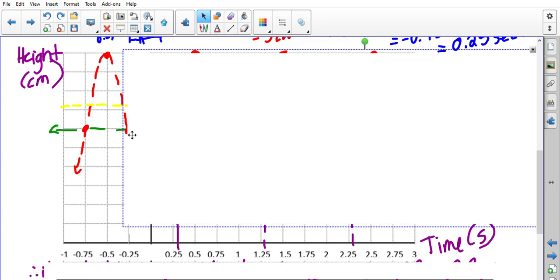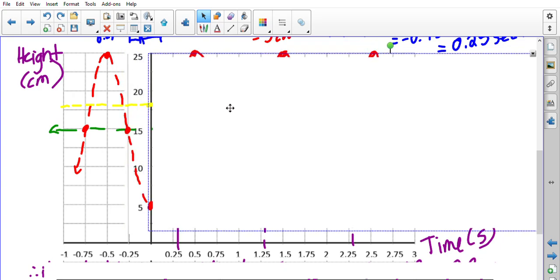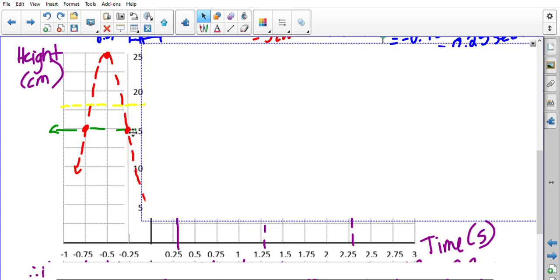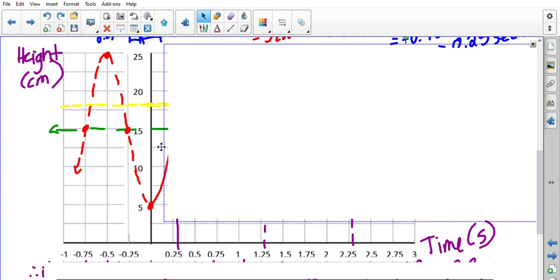I've already drawn in my green equation of axis. From here, we're going to go another 0.25 over, and we're going to hit our EOA. Another 0.25 over, we're going to hit our min, another 0.25 over, and we're going to hit our EOA. So as you can see here, this is the one cycle we've just drawn based on the equation.